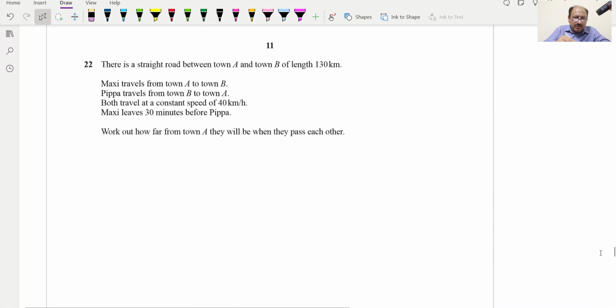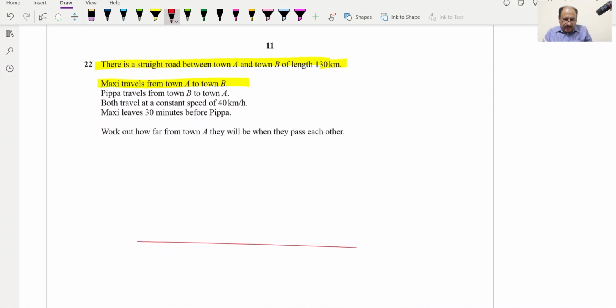Now question number 22. There is a state road between town A and town B of length 130 kilometers. Maxi travels from town A to town B. So what I will do with the question, I will draw a drawing so that you can understand it. The simple drawing we can draw like this: one is the state road, and Maxi is supposedly over here.